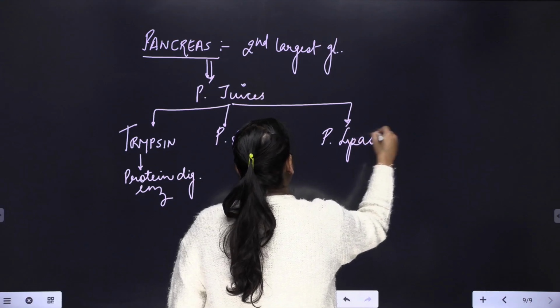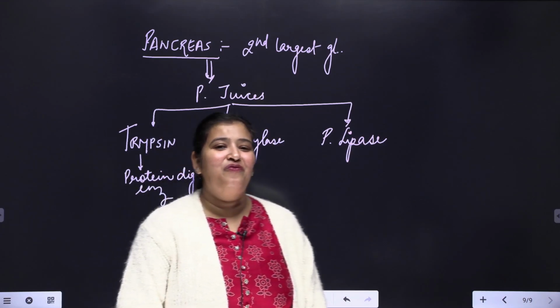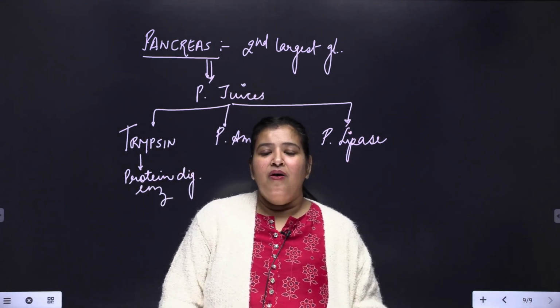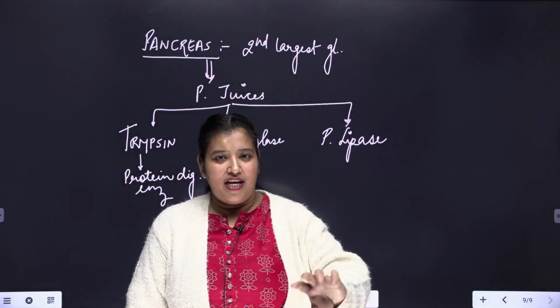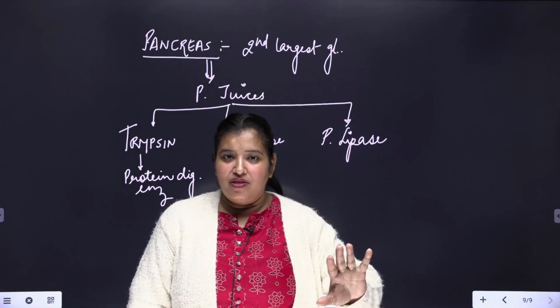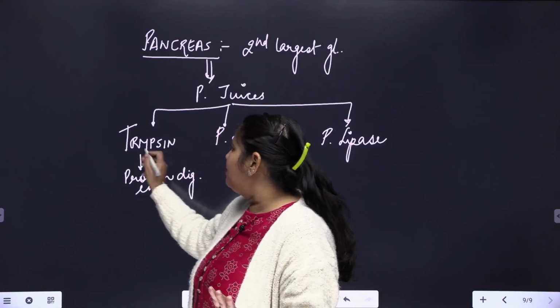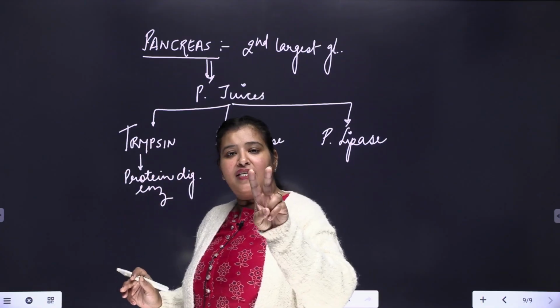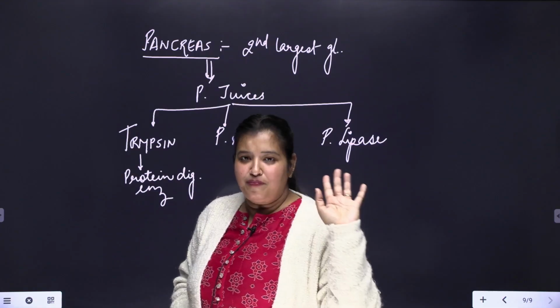Now, how will you remember the names? It's very difficult? No, my dear children, it's very easy. Whenever the word amylase comes, it is a carbohydrate, starch digesting enzyme. Whenever the term lipase comes, it is a fat digesting enzyme. And other than that, you have two protein digesting enzymes that you can easily remember, which are pepsin and trypsin.